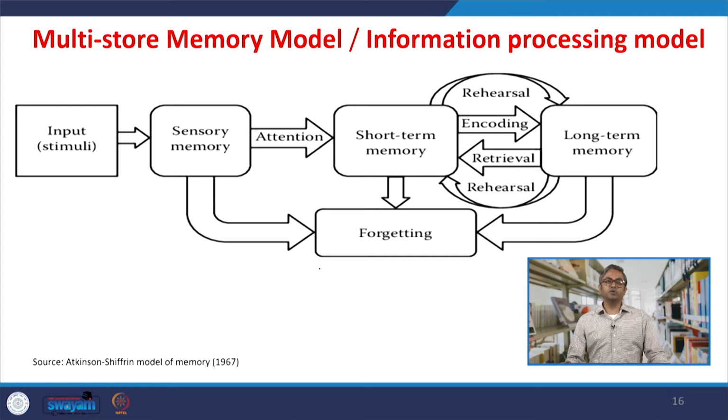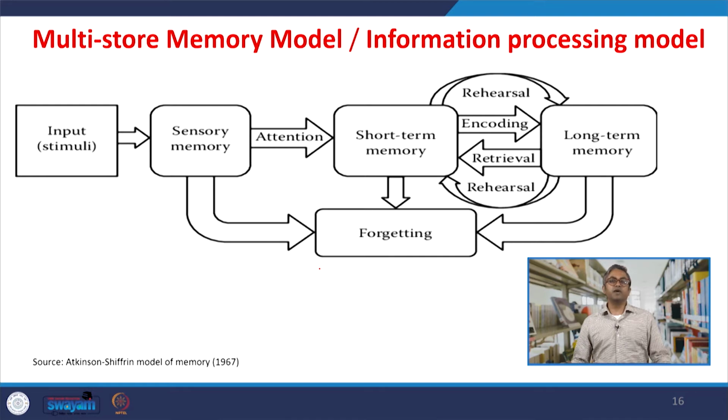The nature of visual sensory memory is very brief, less than a second. Auditory sensory memory may go up to 2 seconds. We refer to visual sensory memory as iconic memory, and auditory sensory memory as echoic memory.